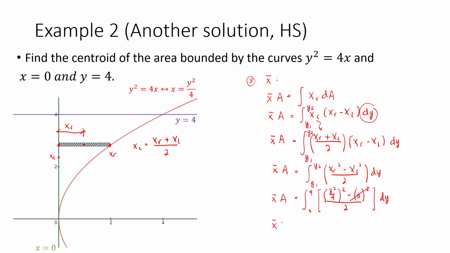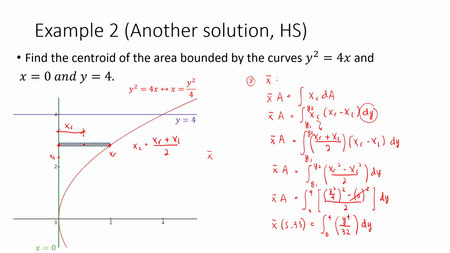So this will lead you to 5.33 equals the integral from 0 to 4 of y to the power of 4 over 32 dy. But it's an easy integral compared to the vertical strip.